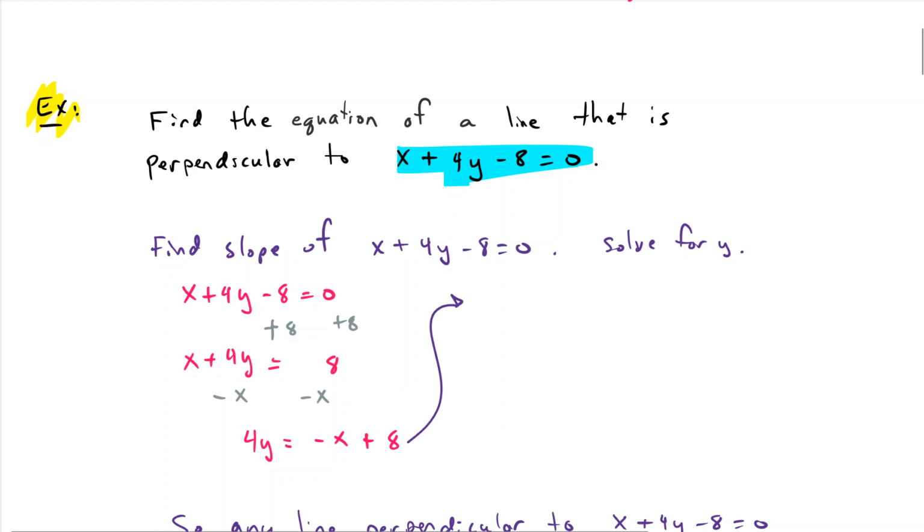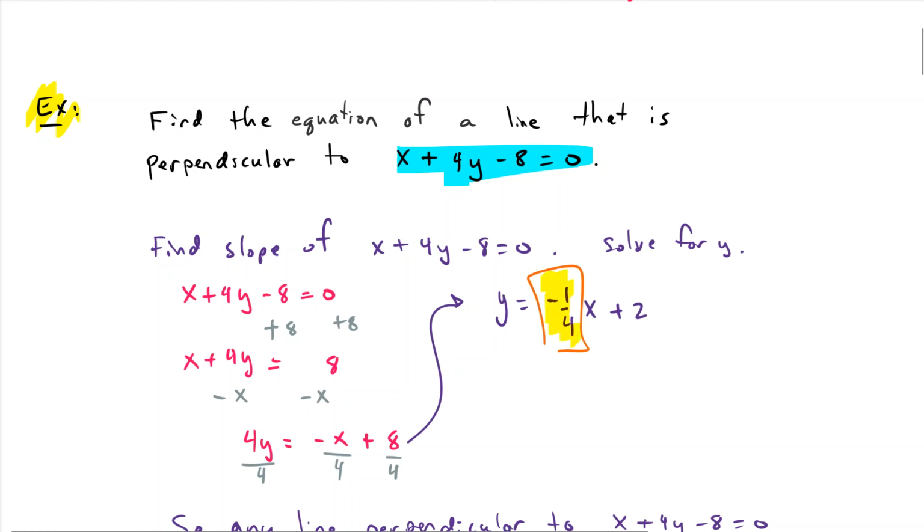And then let's divide by 4. Now we have y by itself. y equals negative 1/4 x plus 2.